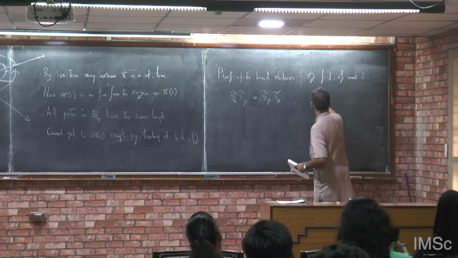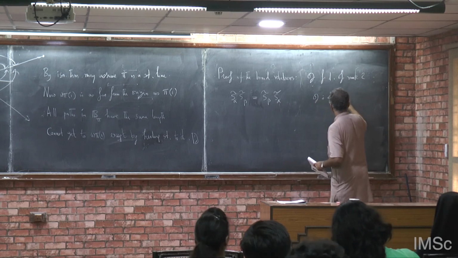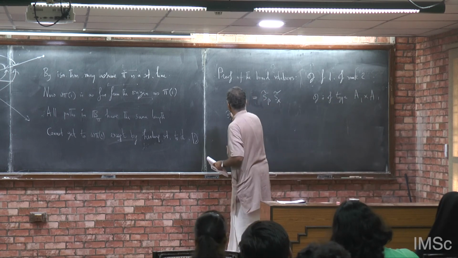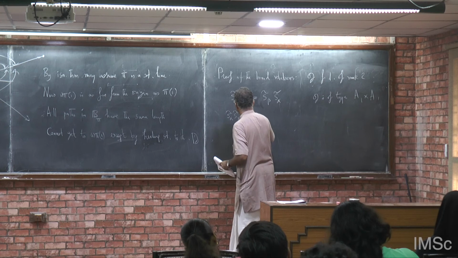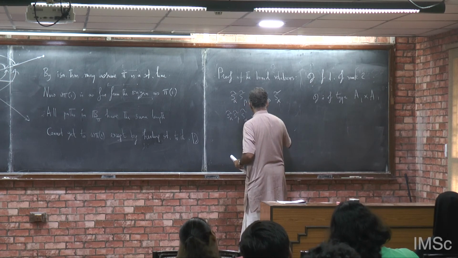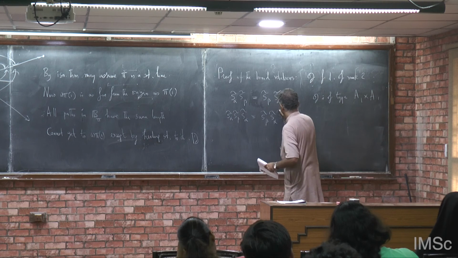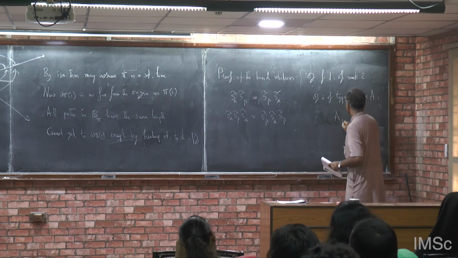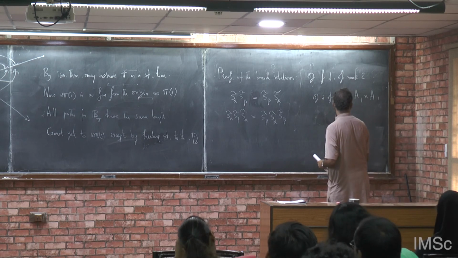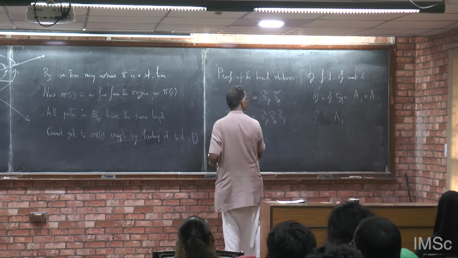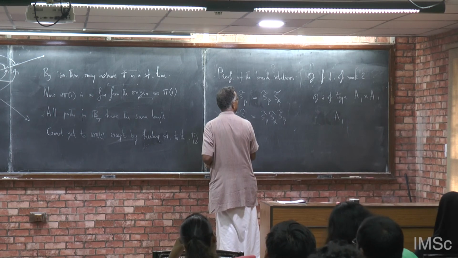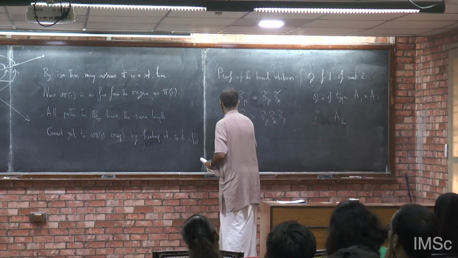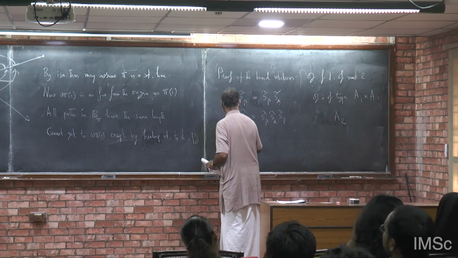If G is of type A1 cross A1, S alpha S beta equals S beta S alpha. If G is of type A2, then S alpha, S beta, S alpha equals S beta, S alpha, S beta.